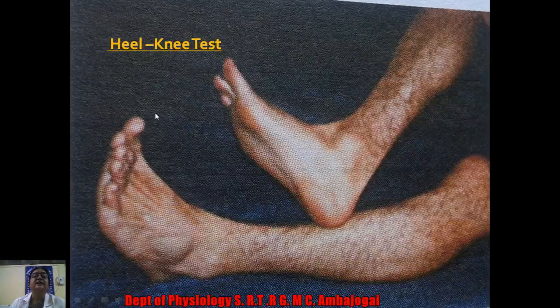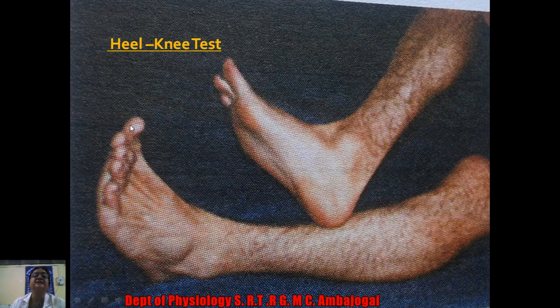This incoordination is also tested clinically by one important test, the heel knee test. We ask the subject to slide the heel over the shin of the other leg, and if there is loss of coordination, the person is not able to do this movement smoothly.